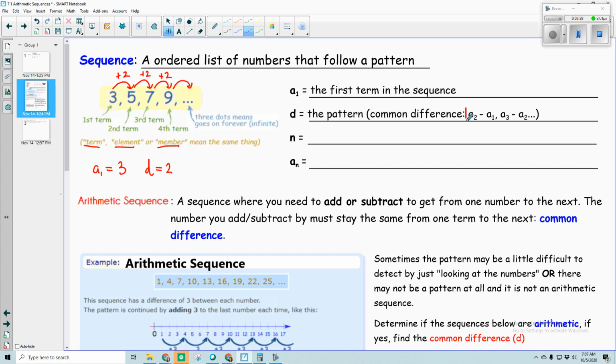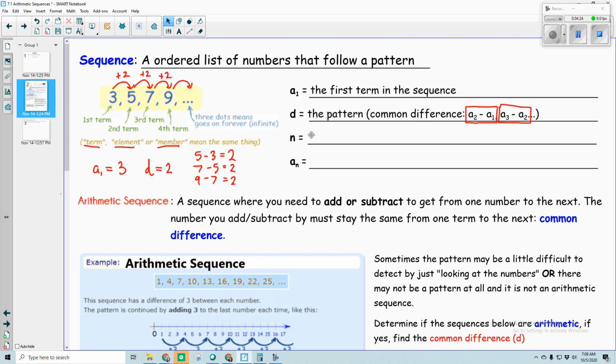So this is a useful way to find the common difference in case you're unsure. Let's test it out: a2, the second term, 5, minus a1, which is 3, gives 2, and that's my answer for d, which is what I expected. If I do a3, the third term, minus the second term, which is 5, I still get a common difference of 2. This should happen every time. If I do 9 minus 7, I still get 2.